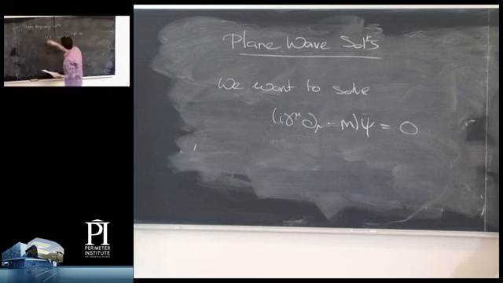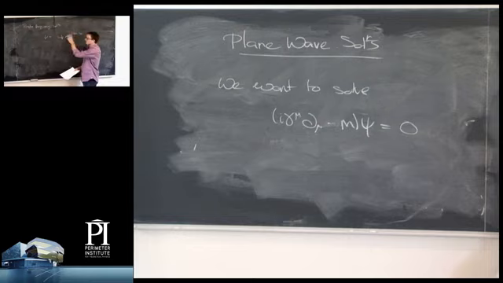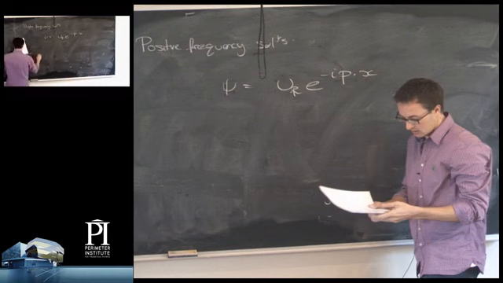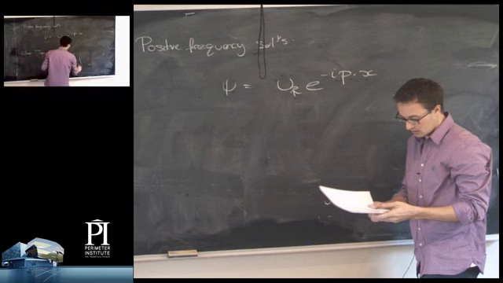Let me look for solutions which are of the form e^{ip·x} times a particular fixed four-spinor, which is going to depend on which p I'm looking at. Okay? So the solution to the Dirac equation with this ansatz is the following.